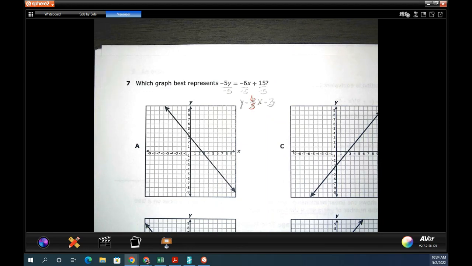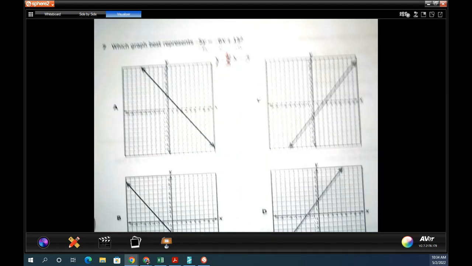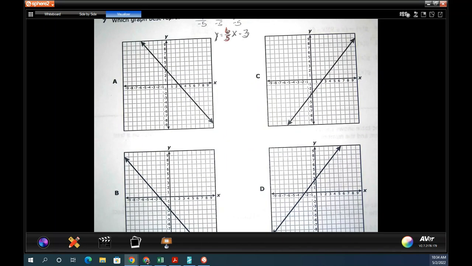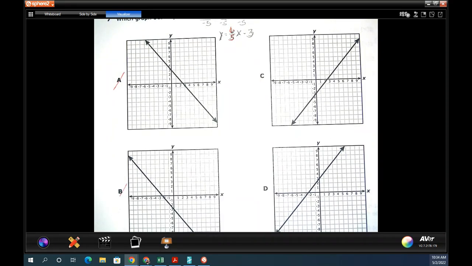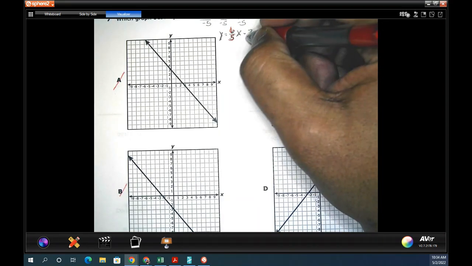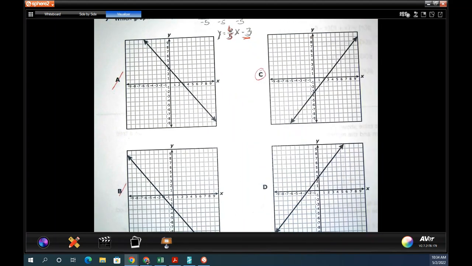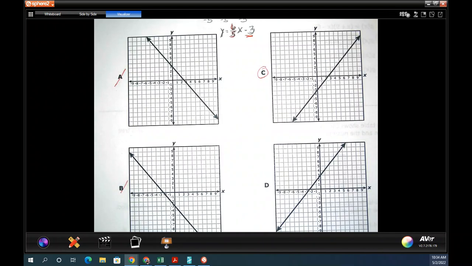No, it's what? Positive. Look at those 4 answers. What can we eliminate? A and B are gone. Now look at this. What's the y-intercept? Negative 3. So what's the answer here? We've done all this, haven't we? Okay.